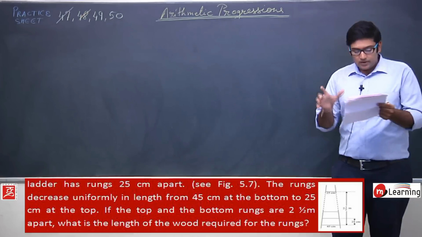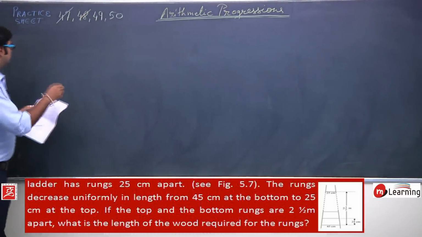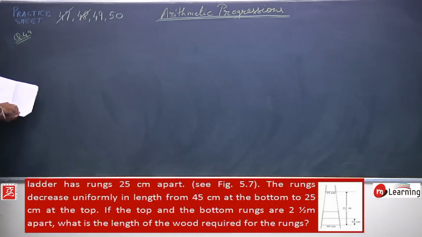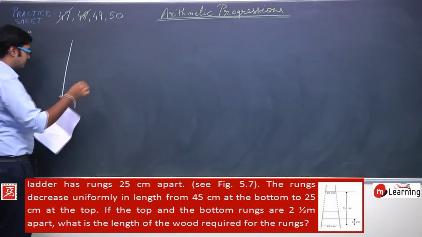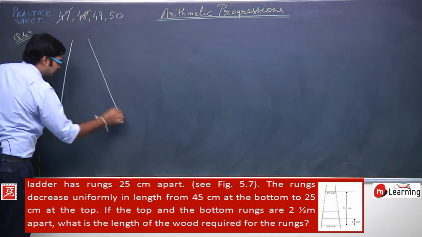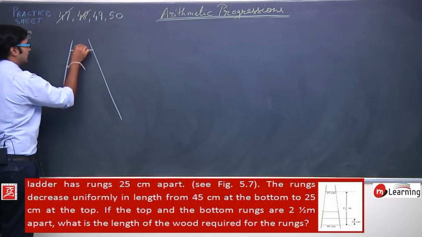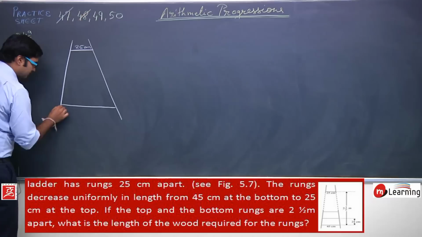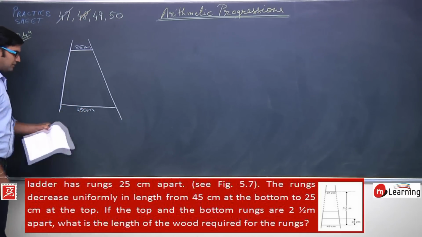Okay, so it says that there is a ladder. Let us draw the figure. Question number 49. There is a ladder something like this, and on this ladder the topmost rung is of 25 centimeters and the bottommost rung is of 45 centimeters.